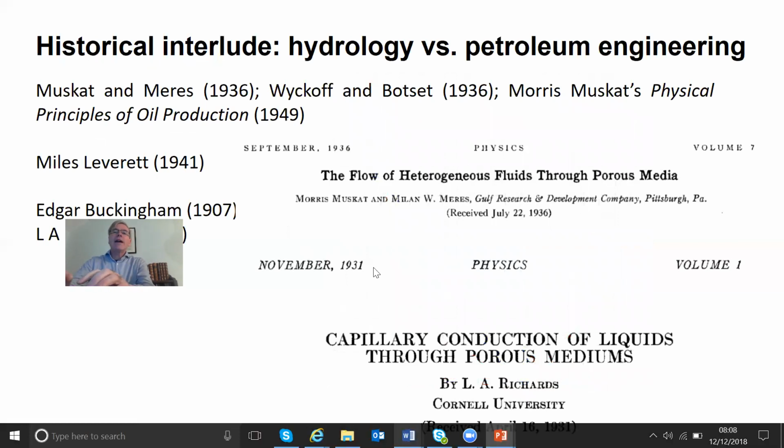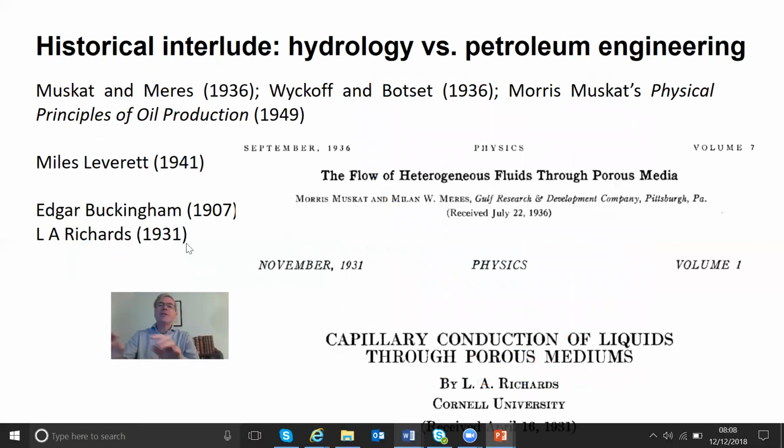So I'm going to end this presentation with just a sort of historical interlude. The development of multi-phase flow in porous media was pursued more or less independently by both petroleum engineers, who were looking at subsurface flow in oil reservoirs, and hydrologists.